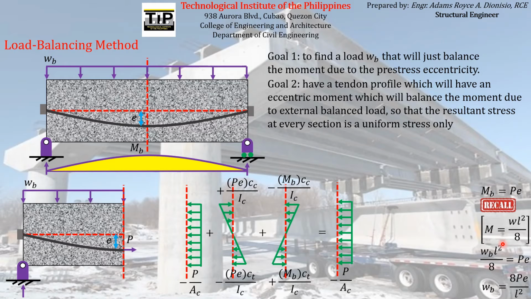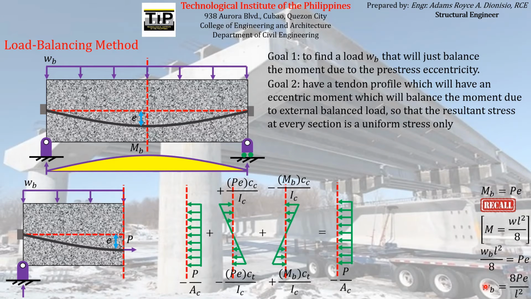Although you have to take note that this is not always the case. This is not always the way to find the magnitude of the balance load that you have to apply on the concrete element to balance the eccentric moment at every section produced by the eccentricity of the pre-stress force. This is not the only way.